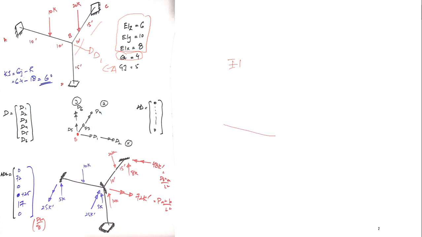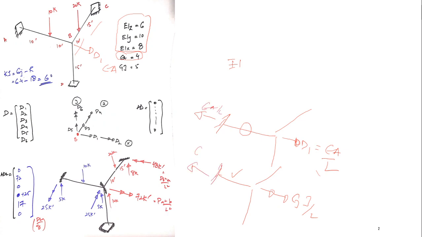For example, I am applying D1 here, so its magnitude would be equal to EA by L. Similarly, if you apply a moment here at this joint, then a torsion would be produced here, and that would be equal to GJ by L. So if I am pulling it axially, axial deformation would be produced here, and that would be EA by L, resisted by this fixed support, and here it would be resisted as GJ by L. So this is very important.